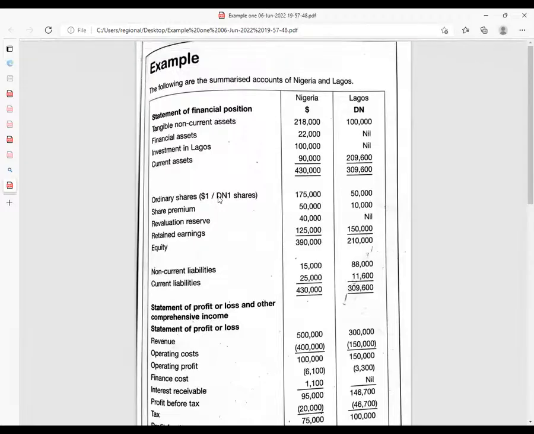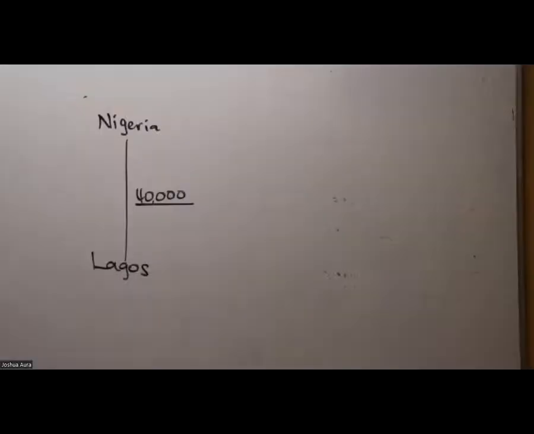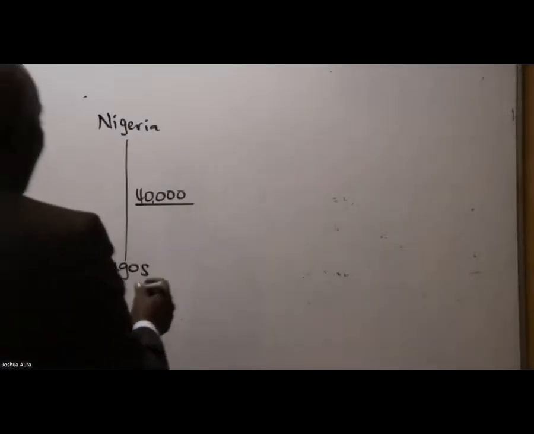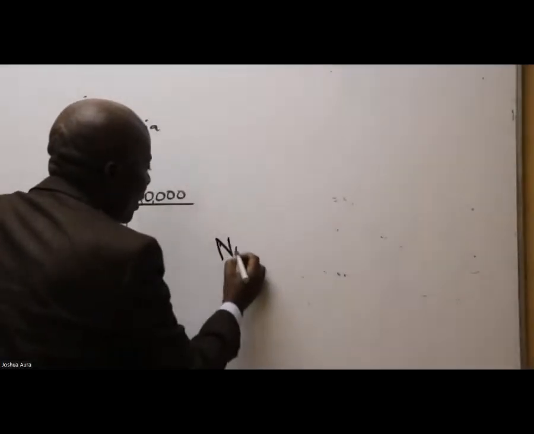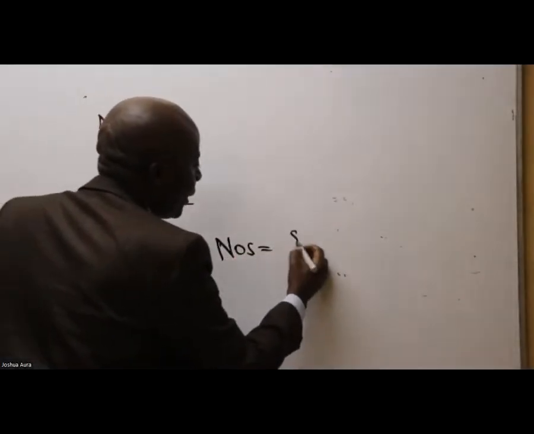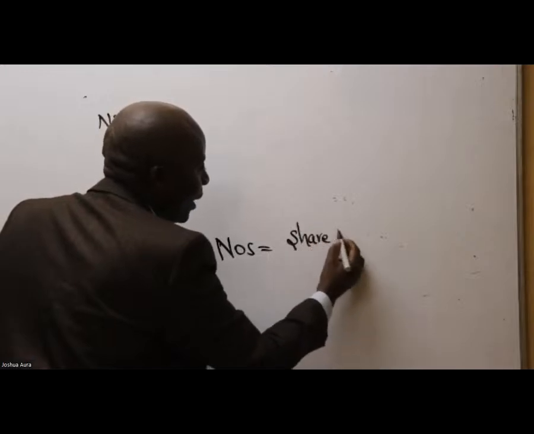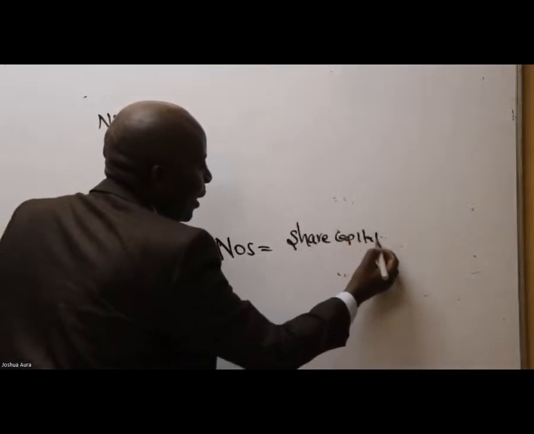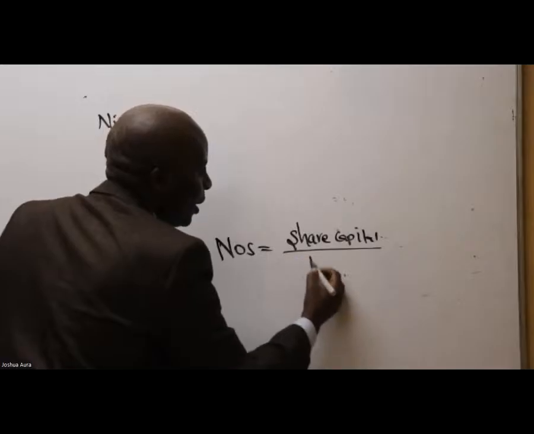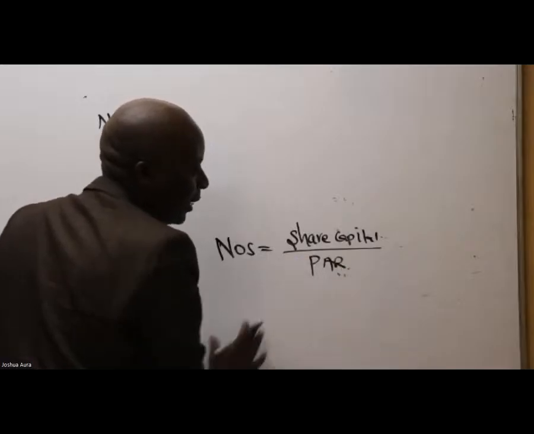Remember, to get the number of ordinary shares, we normally take the share capital. Now you can see the share capital of Lagos is 50,000. You divide by the par value. Anytime you want to get the number of ordinary shares, my good students, you always take the share capital given and divide it by the par value given by the side.